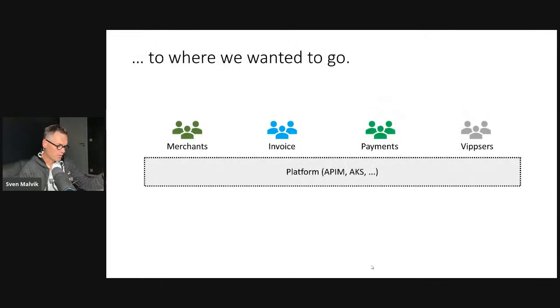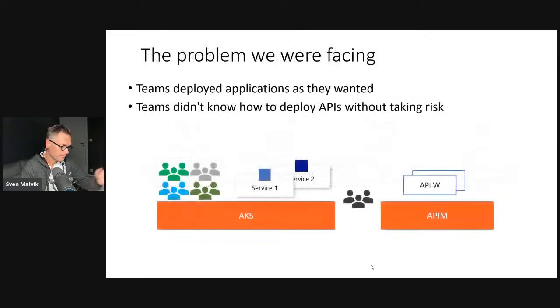What we really needed to get rid of this bottleneck, so that everybody can work with it, is that every team can work on API management and also AKS, of course. But this wasn't possible because nobody knew Azure API Management so well. It was for everybody basically a black box.